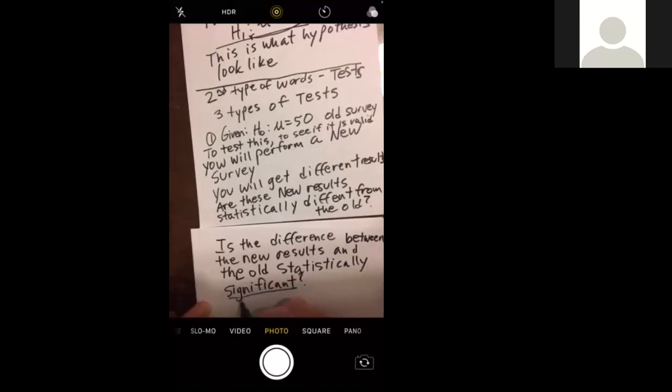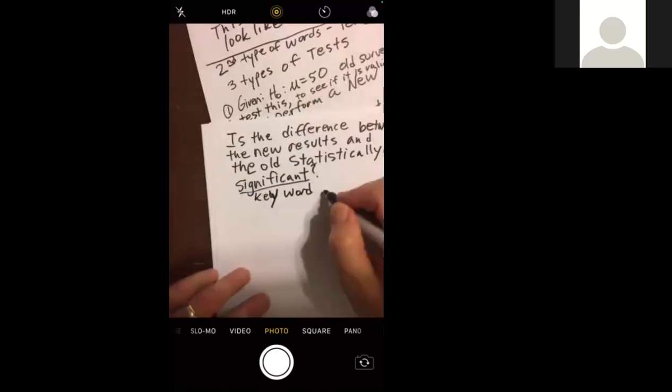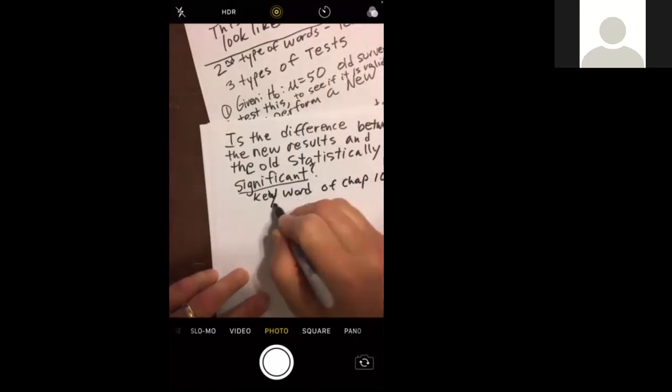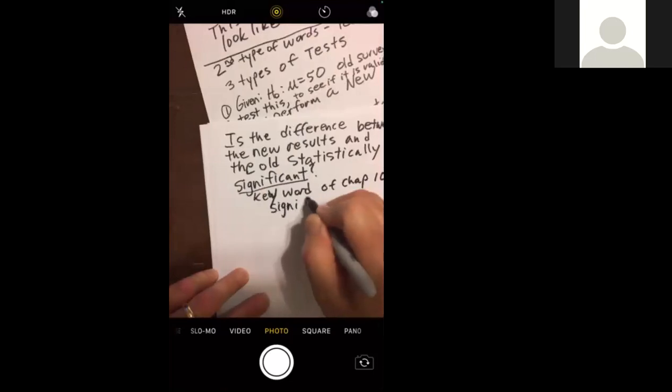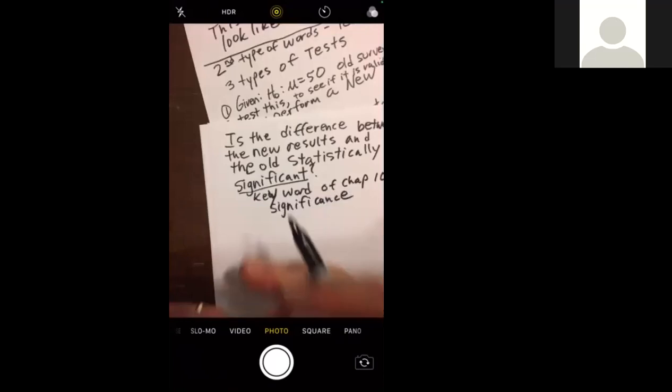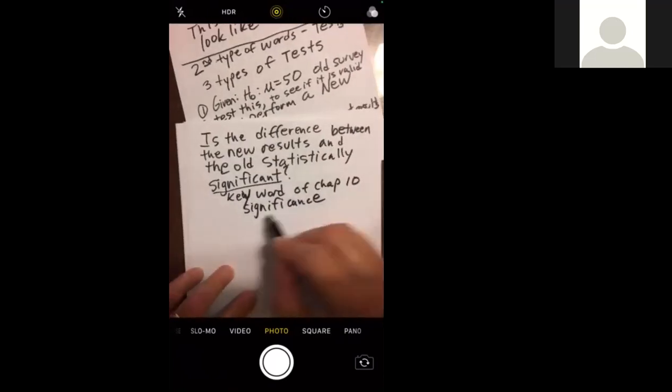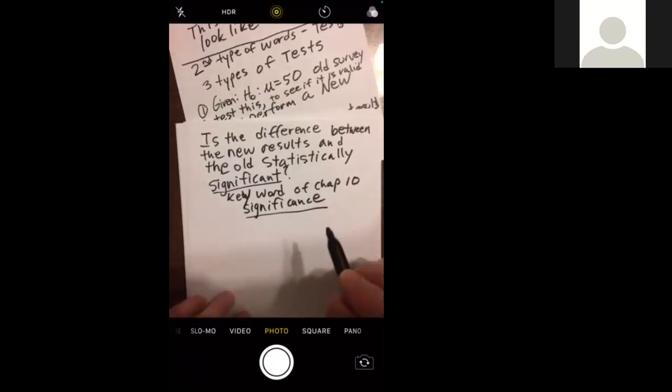That's the key word of chapter 10, significance. Key word of chapter 10. Significance. Key word of chapter 9 was confidence. Key word of chapter 10 is significance.